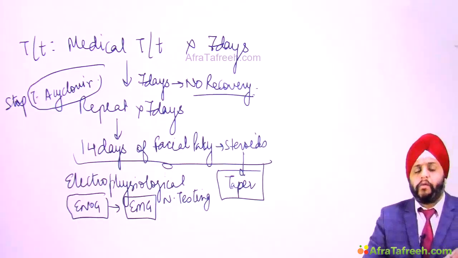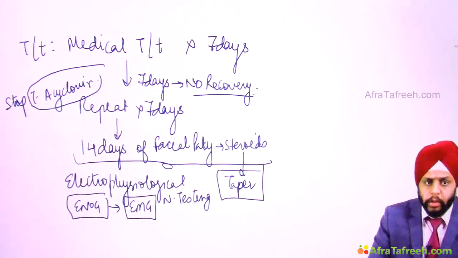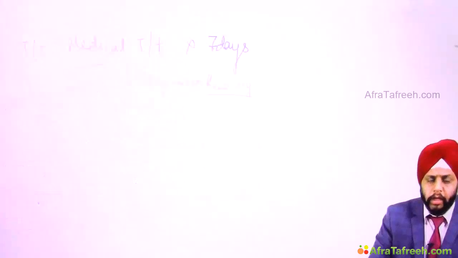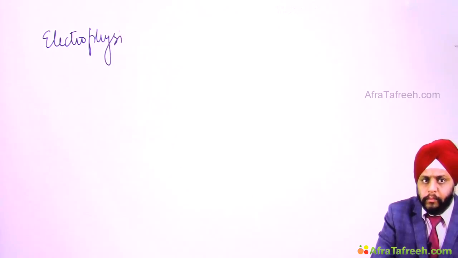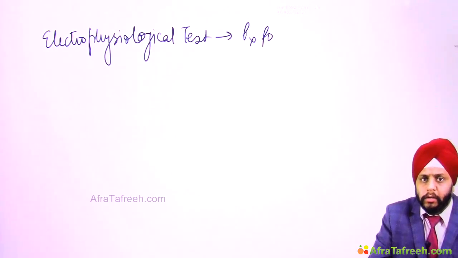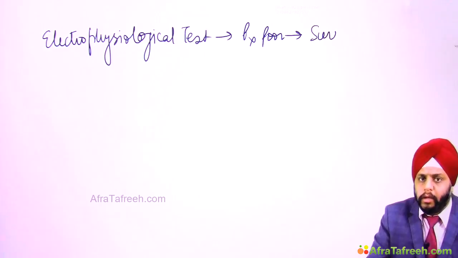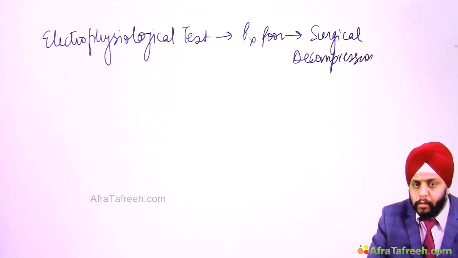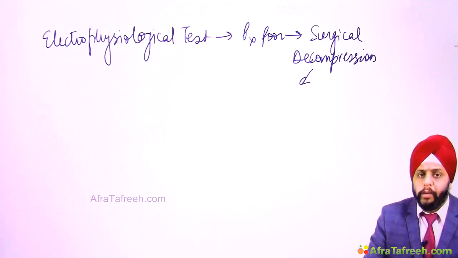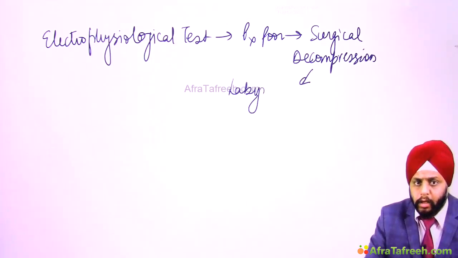Now, if the electrophysiological test shows you that the prognosis is poor, then you will go for surgical decompression. You will decompress the facial nerve. Which segment do you have to decompress? You have to decompress the labyrinthine segment.